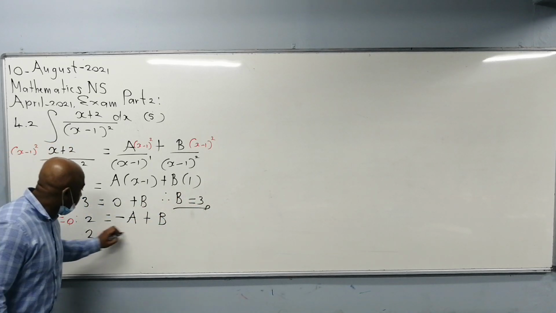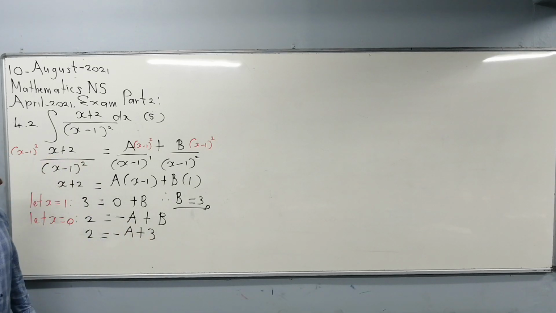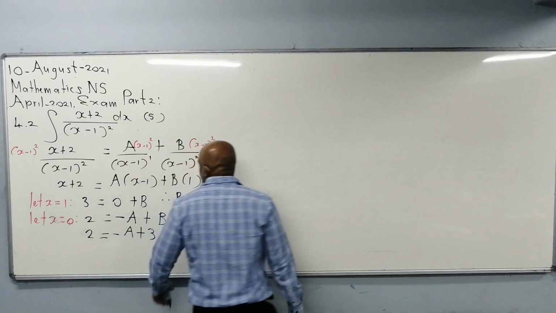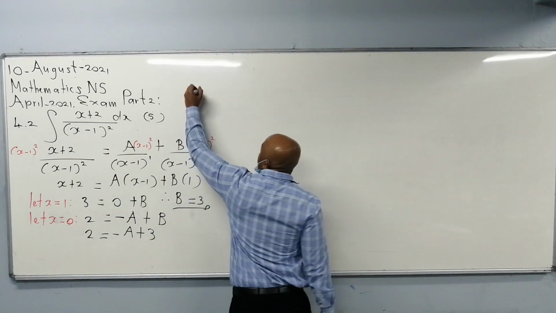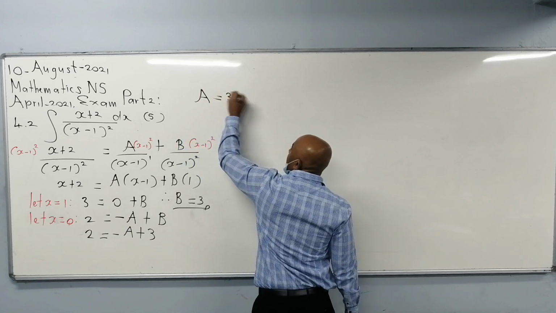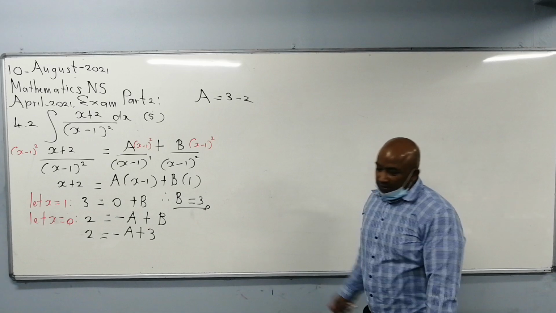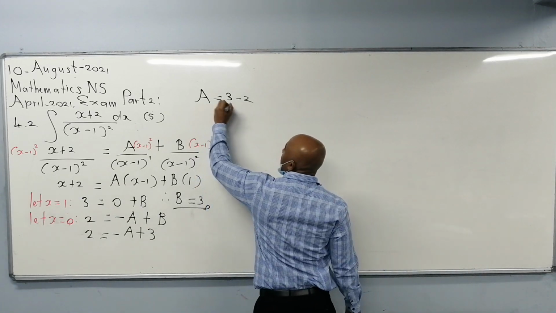So 2 is equal to minus a plus 3. Solve for a. If I take minus a to the left hand side, that means a, positive a now, is equal to 3 minus 2. I'm taking a to the left, 2 to the right. So 3 minus 2 is 1.